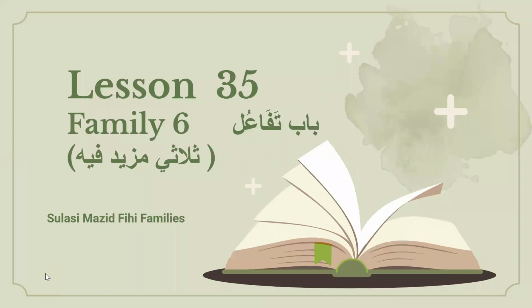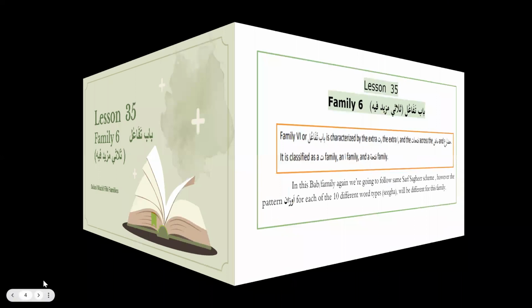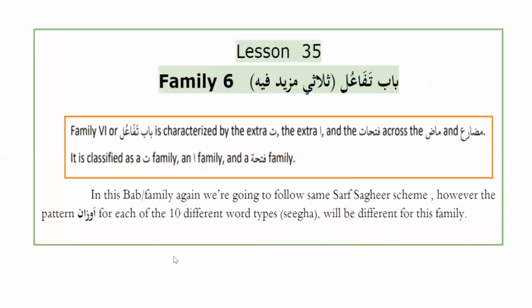So in today's lesson, inshallah, we are going to learn family 6, Bab Tafa'ul, and we are doing Sulasi Mazid Fihi. In Sulasi Mazid Fihi, you know that the root letters are 3, and we have some extra letters.